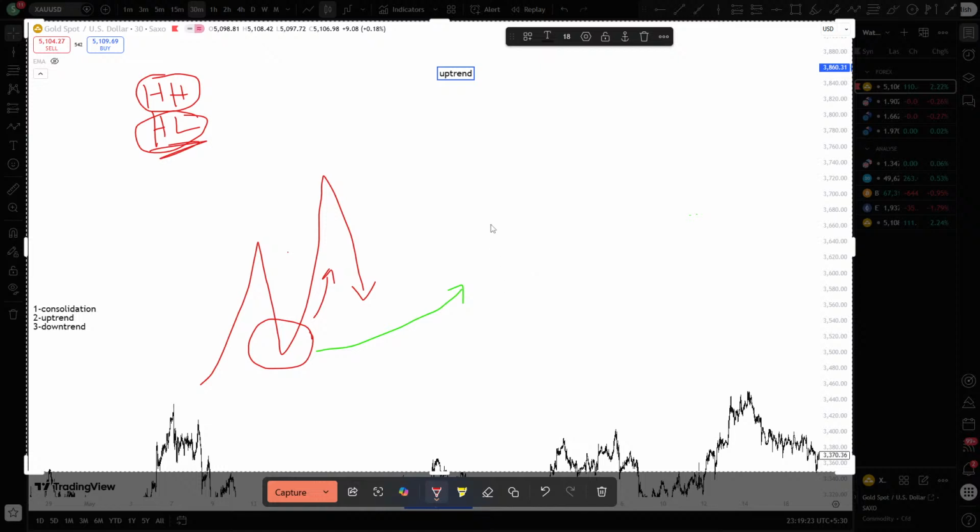So what you need to see when the market is giving you a pullback is that the market has to give you a structure like this one. Like that. It has to give you a structure like this one. Okay, something like this.